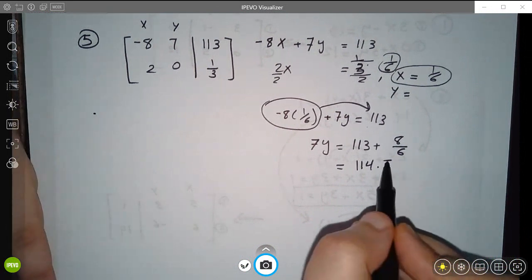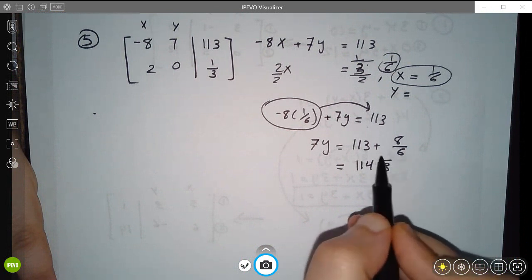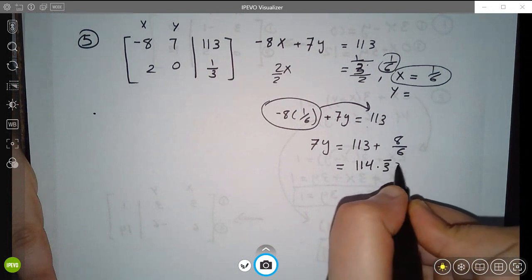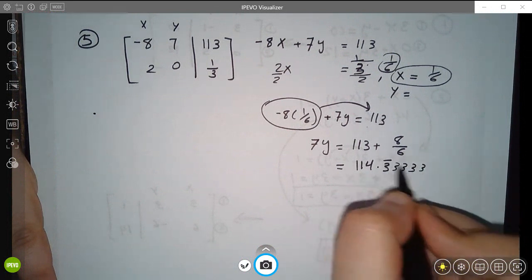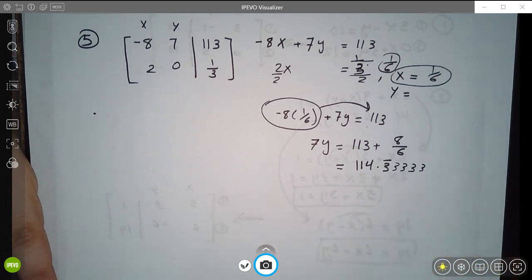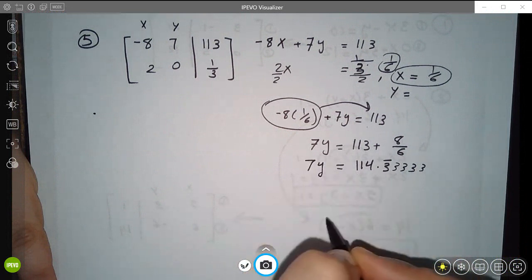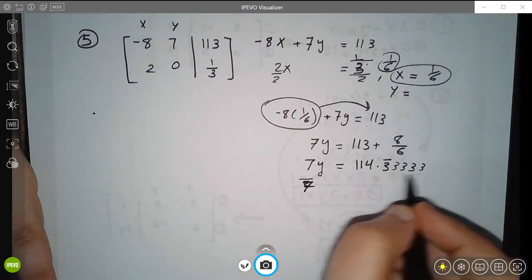Now, if you've never seen this little line here before, when someone writes a point number and then puts a line on top, that basically means this is like saying 0.333333. It just keeps going, right? So I'm just saying this is repeating instead of writing all those threes. But anyway, this equals 7y.